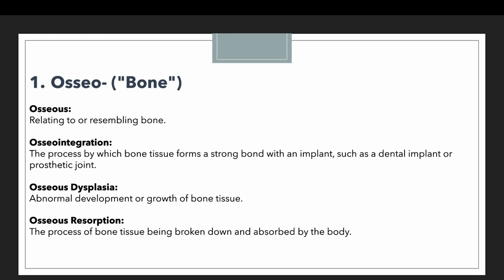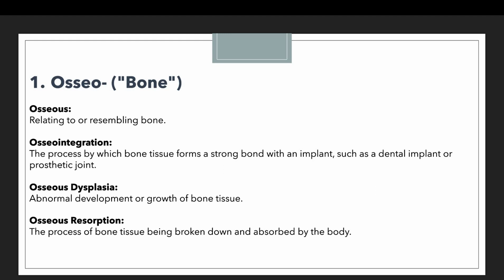Similarly, the second example is osseointegration. Now, what is osseointegration? The process by which bone tissue forms a strong bond with an implant.